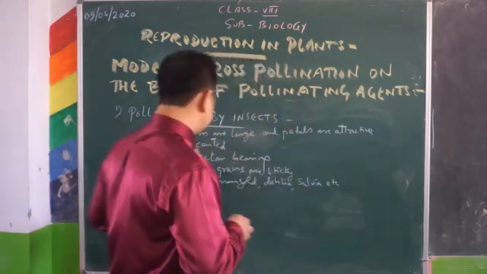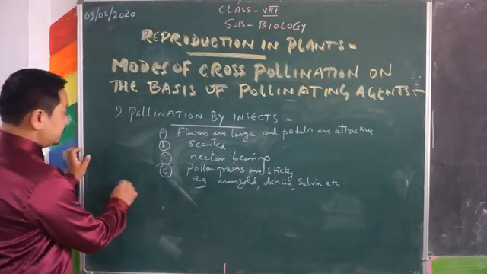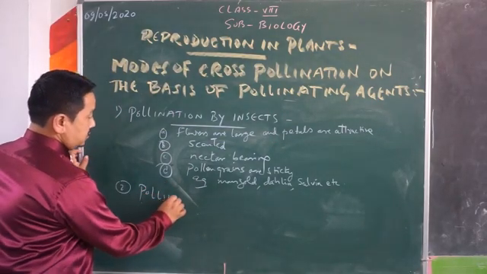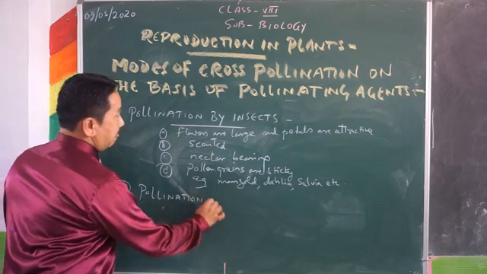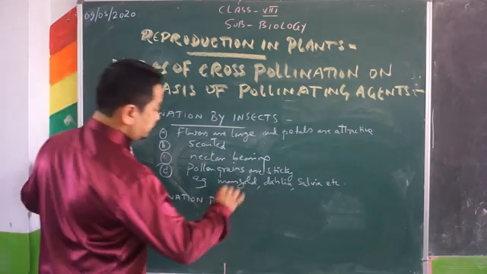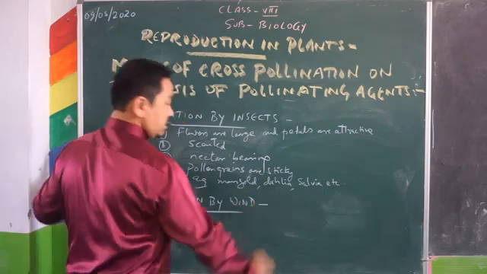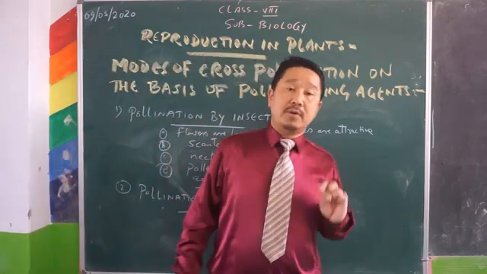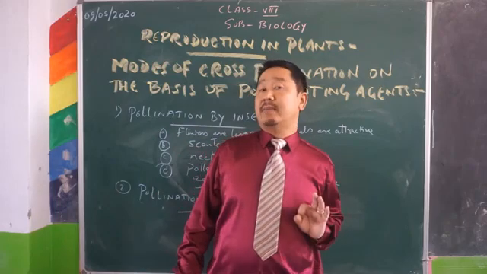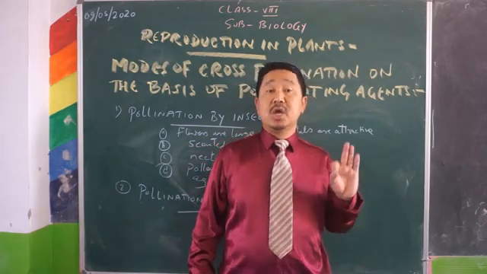Okay. Now next we have pollination by wind. Now there are a number of flowers where the cross pollination is done by wind.